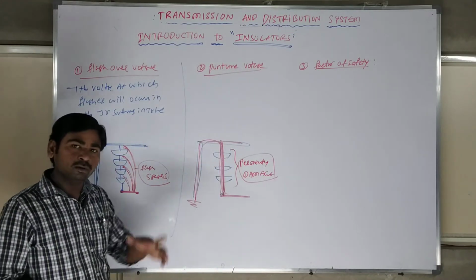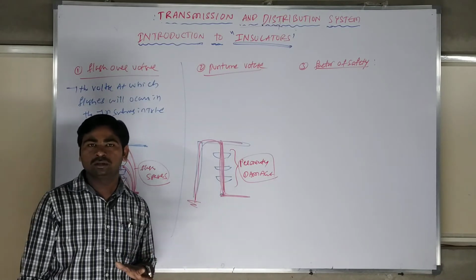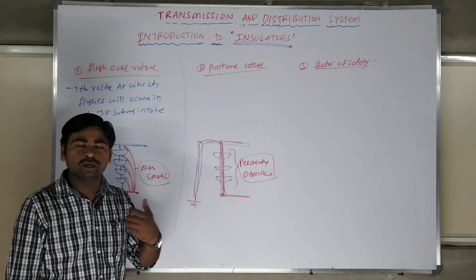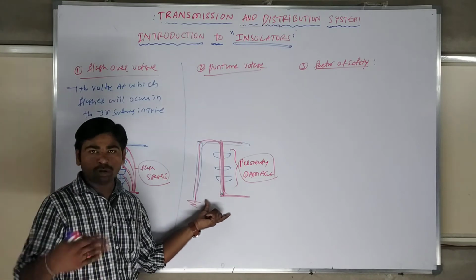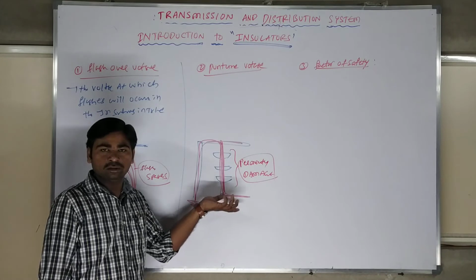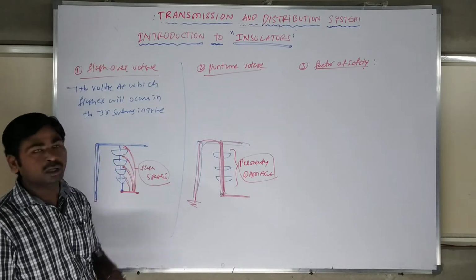We can say that the voltage at which the insulators are permanently damaged due to excess current flowing into them is called the puncture voltage. The puncture voltage will be higher compared to the flashover voltage. At what voltage does your insulator get completely and permanently damaged? That is the puncture voltage.